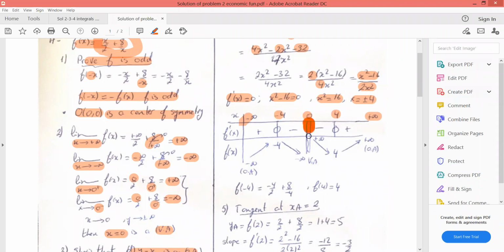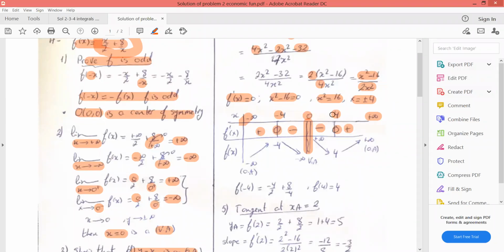At 0, I have a bridge because it is not defined. Here I put 0, here I put 0. Since f prime is of the second degree, between the roots opposite sign to a, a is 1, here negative, negative, positive, positive.